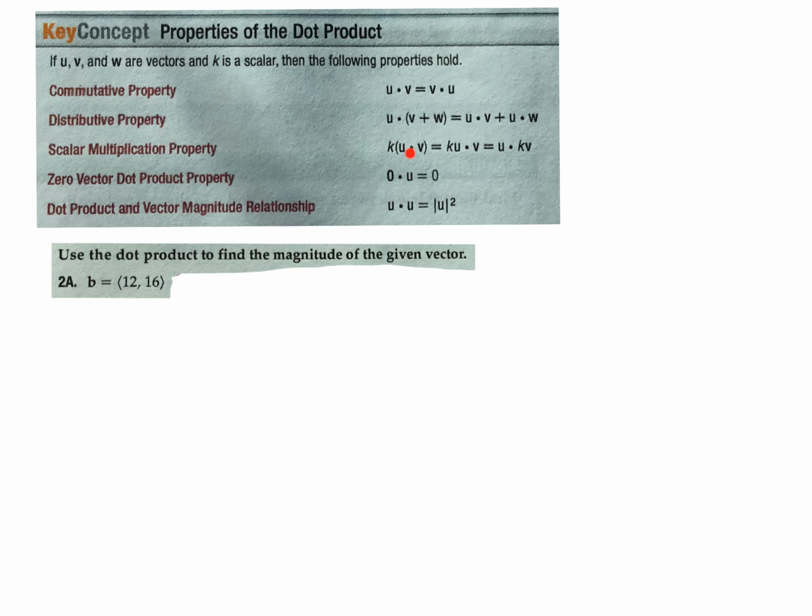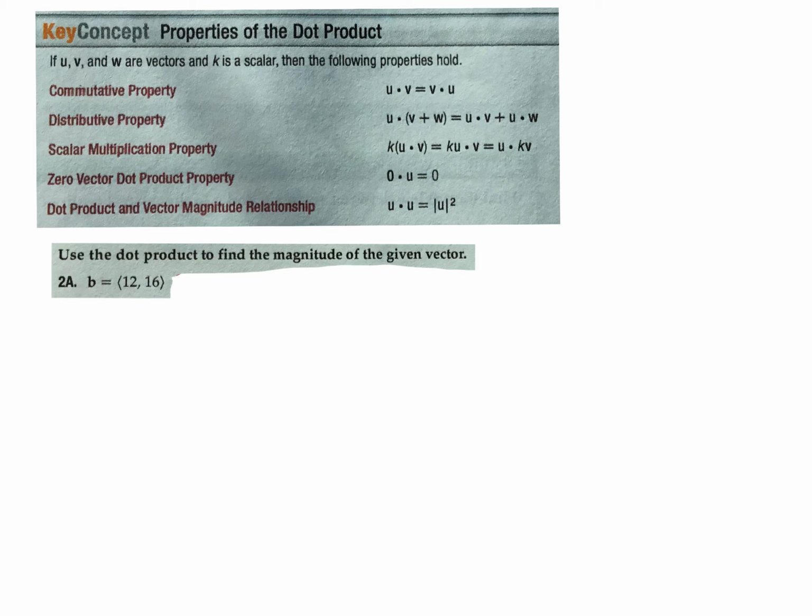Also, if you're taking the dot product of two vectors and multiplying that by a scalar, that's the same thing as multiplying the scalar times one of them and then dotting the other one, either way. If you have a 0 vector represented by the 0 and you dot product with anything, it's going to give you 0, which makes sense because both the A1 and A2 would be 0.